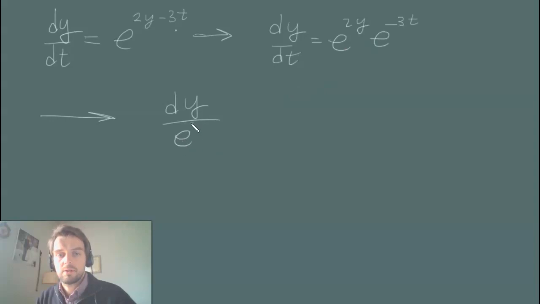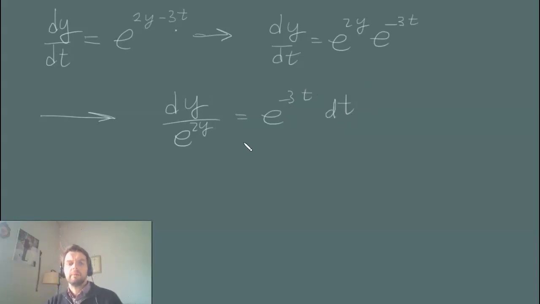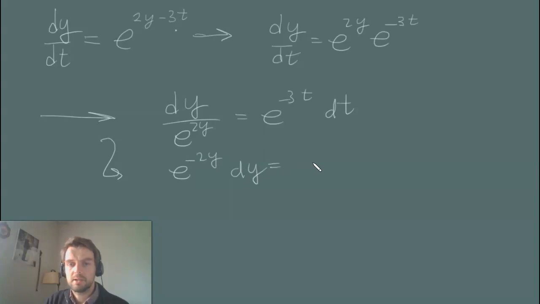That's equal to e to the negative 3t dt. What I'm actually going to do here is do one little move to make this a little bit easier to look at, just another rule of exponents, to write the left side as e to the negative 2y dy is equal to e to the negative 3t dt.